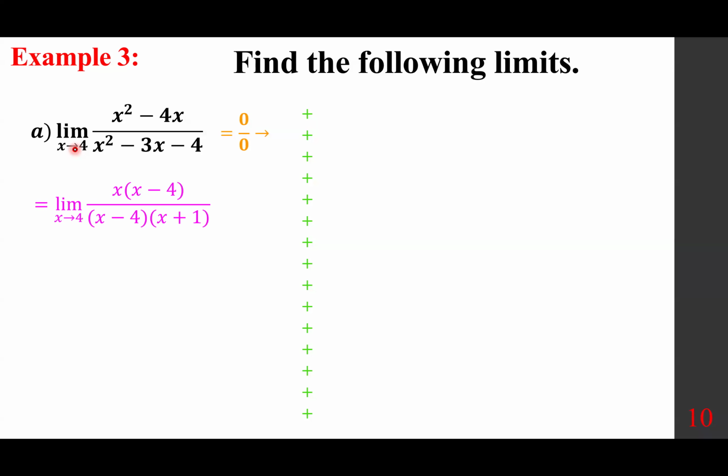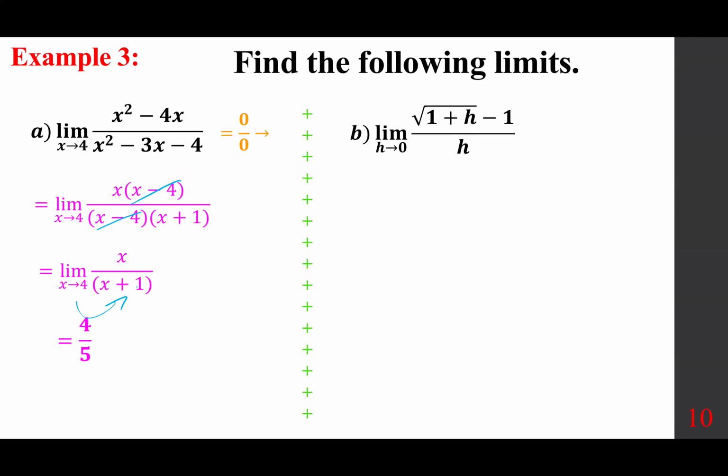That will help you with the factoring in case anybody has any difficulty with it. So the top is x times x minus 4. The bottom is x minus 4 times x plus 1. We drop the common factor of x minus 4, and if we plug in, we get 4 over 5.